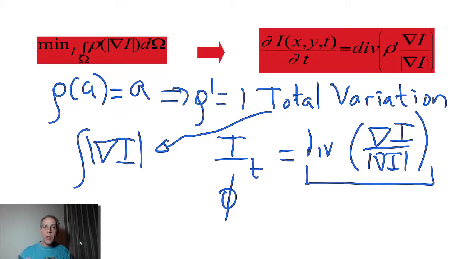This is an extremely interesting connection. We talk about curve evolution, we talk about curvature type of motions. This is a curvature type of motion, where the image is moving based on the curvature of the level lines, and we didn't derive this equation from the level lines.